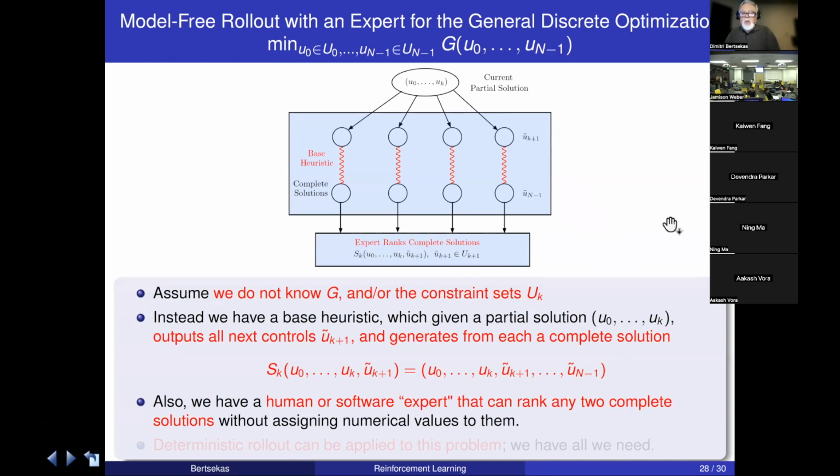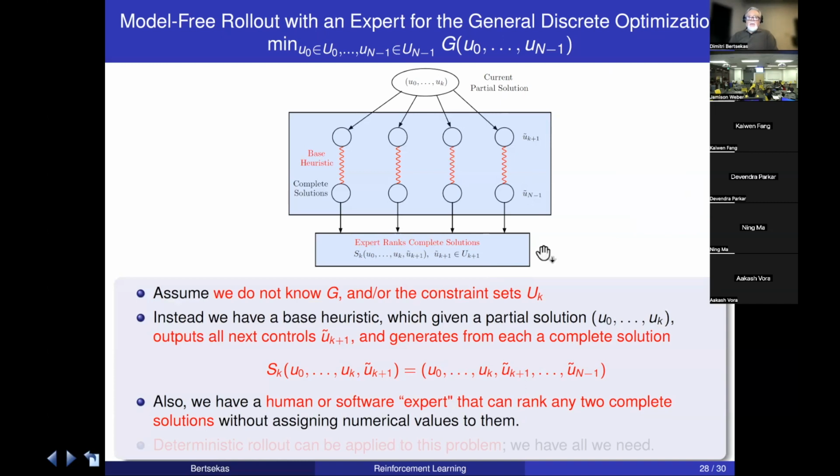We don't know this cost function, but we assume that we have a human or software expert that can rank any two complete solutions without assigning numerical values to them. In other words, the expert can tell us, given all the solutions, which one is best. And he doesn't have to tell us how he does it, but all we care is which one is best out of the candidate complete solutions.